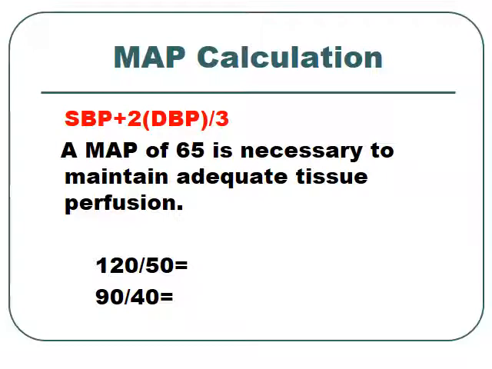So this is our abbreviated way to do it, and I do not expect you to know that complex way. I just want you to know this formula so that you're able to calculate a mean arterial pressure. So go ahead and push pause, calculate your mean arterial pressure, and then move to the next slide and see if you have the correct answer.